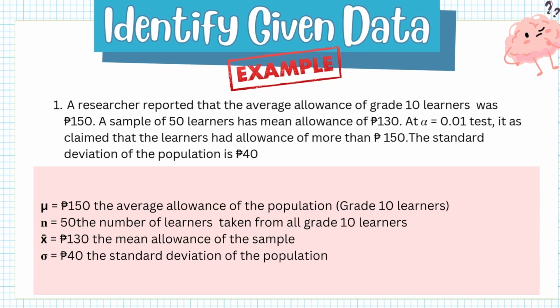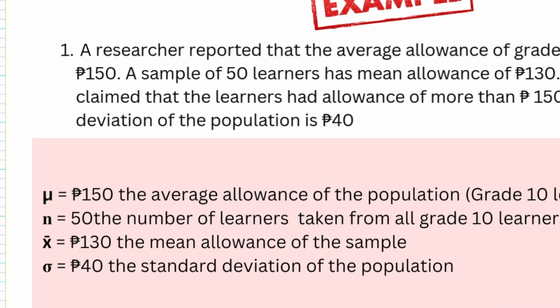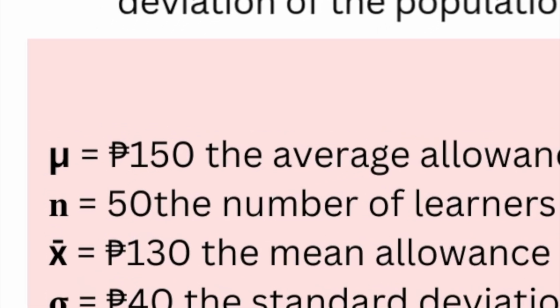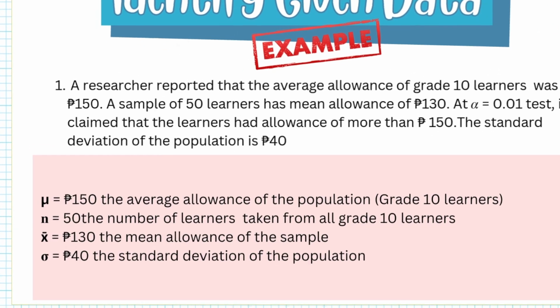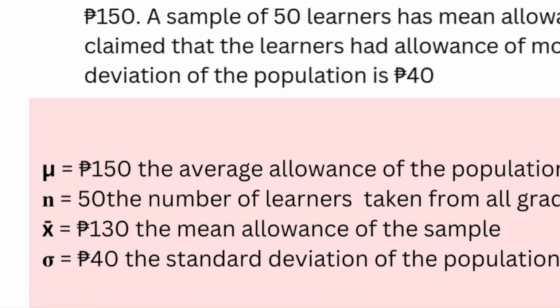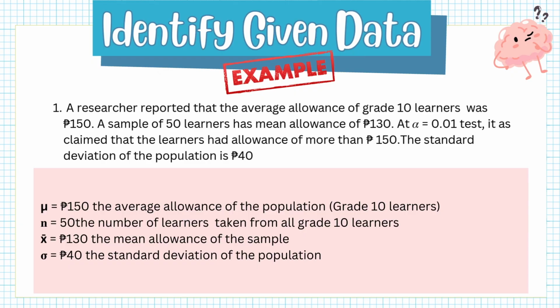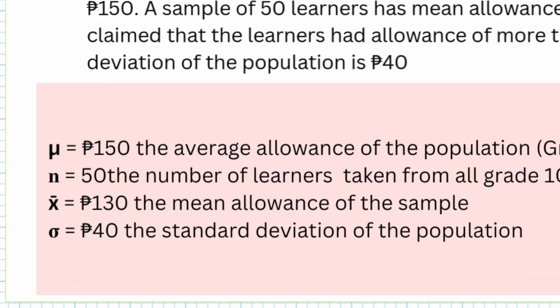While n, the sample size, is the number of learners taken from all grade 10 learners, and our sample size n is 50. Our x bar here, which is the sample mean, is equivalent to 130, while the standard deviation of the population is equal to 40 here.